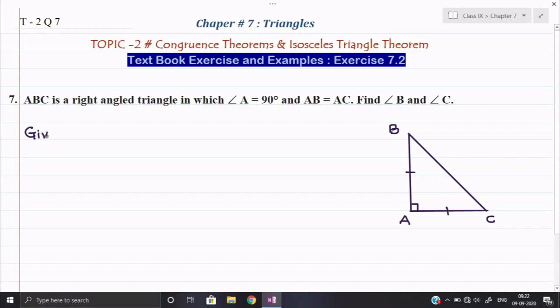We have given that in triangle ABC, angle A is equal to 90 degrees. One thing, AB and AC are given equal. What we need to find out here, don't write to prove, because we need to find something. So we shall write to find.